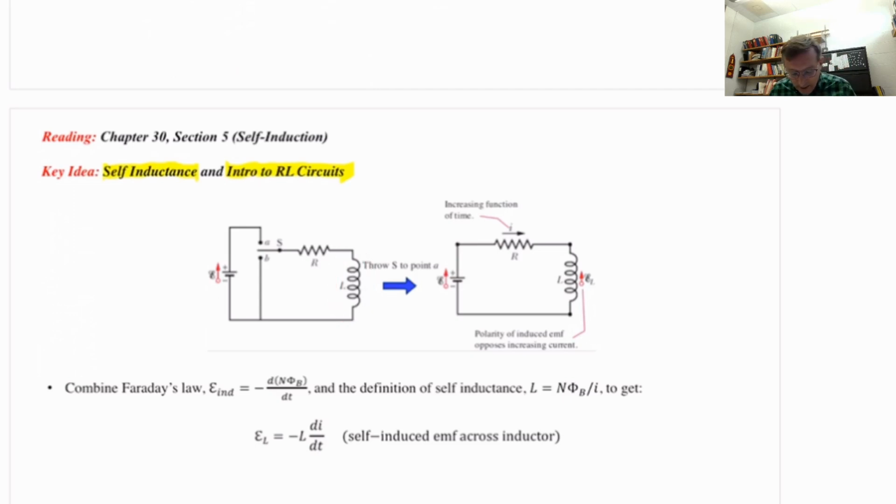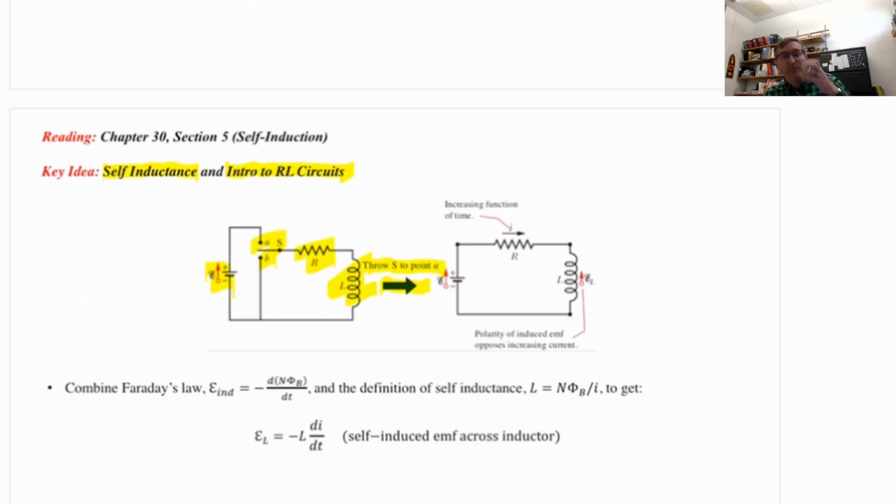That's an inductor with inductance L. So my circuit consists of a source of EMF, curly E, a mechanical switch that can be thrown to A or B, a resistor with resistance R, and an inductor with its self-inductance L. And all we're going to do is, at time 0, throw the switch S up to point A, giving me this circuit on the right. One loop with the EMF, the resistor, and the inductor.